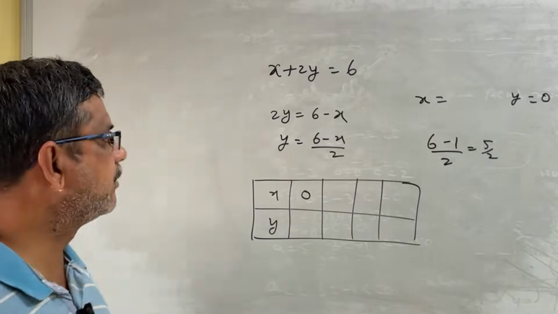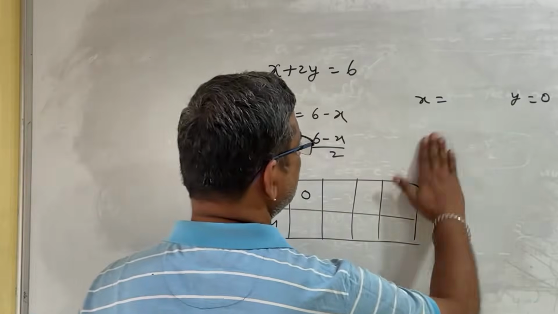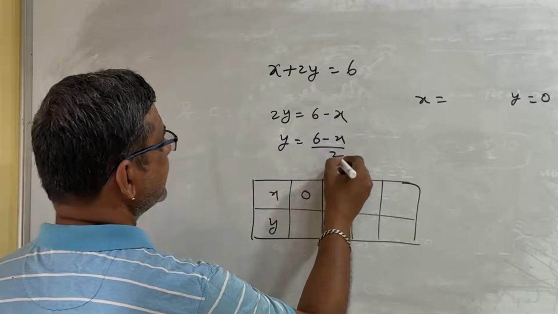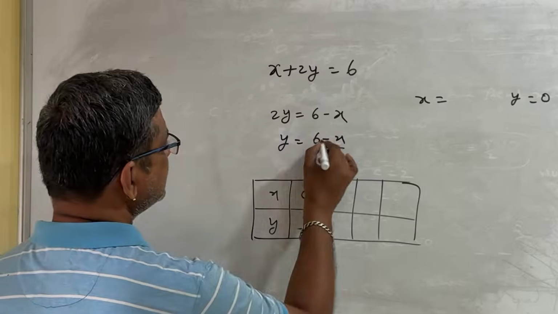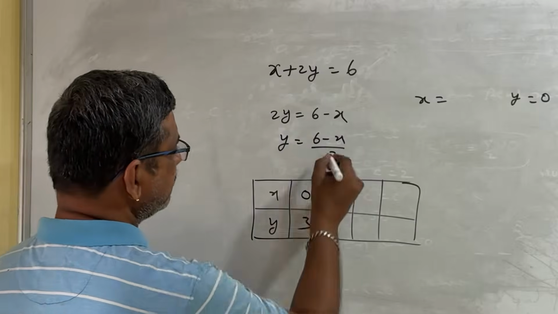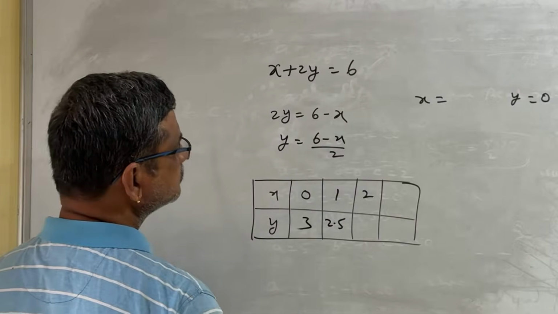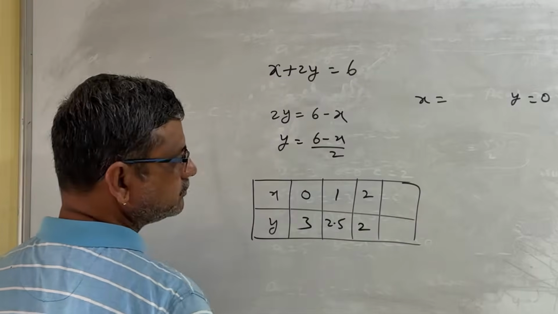Now once again, give different values for x. I am giving 0. 6 minus 0, 6. 6 by 2, 3. I am giving 1. 6 minus 1, 5. 5 by 2, which is 2.5. I am giving 2. 6 minus 2, 4. 4 by 2, 2.